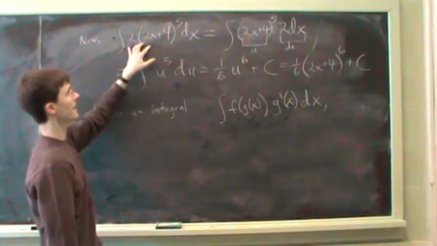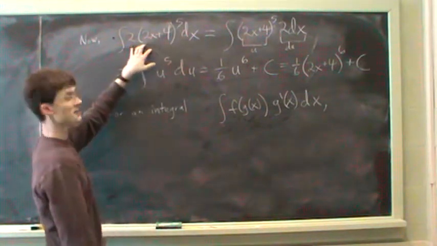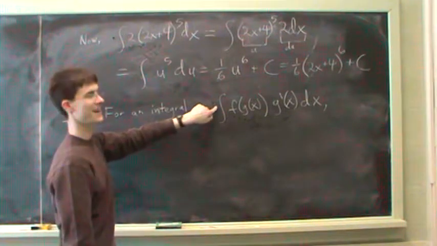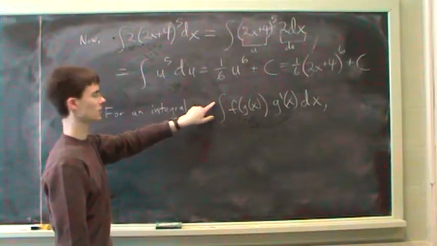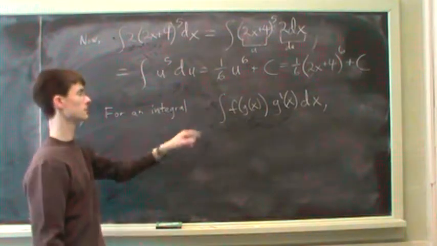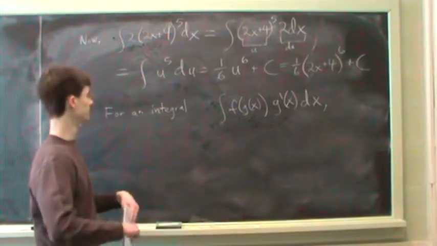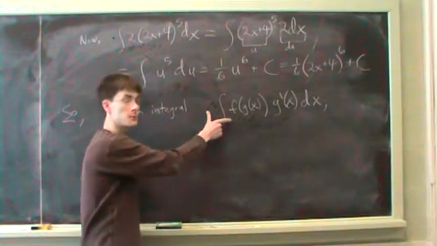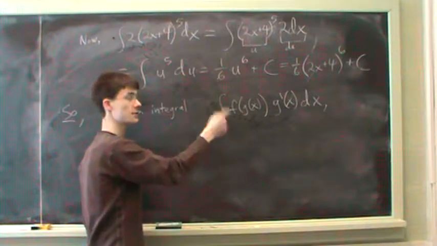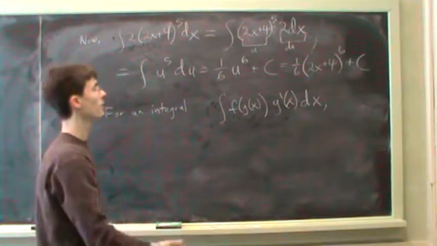And so that's how this example fits into this scheme. This is the pattern you want to look for in the integrals that you're trying to do. I have to admit, sometimes it's hard to make problems look like this, or to see how they fit this pattern.